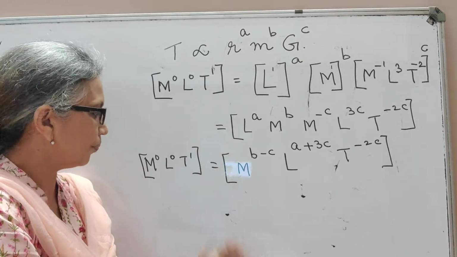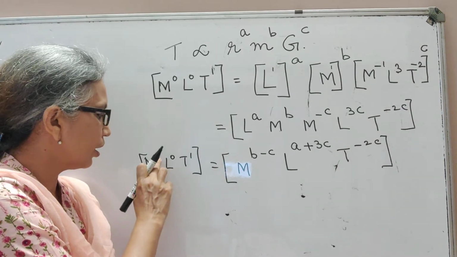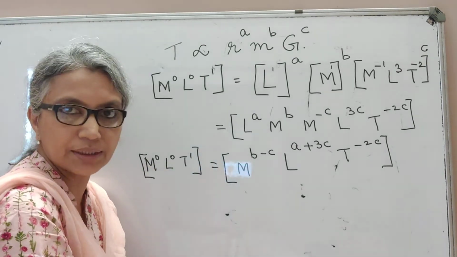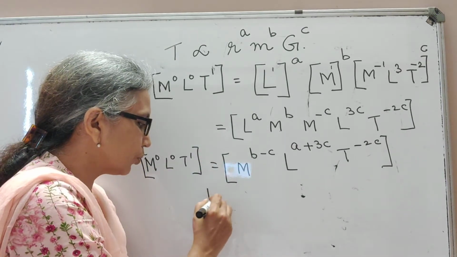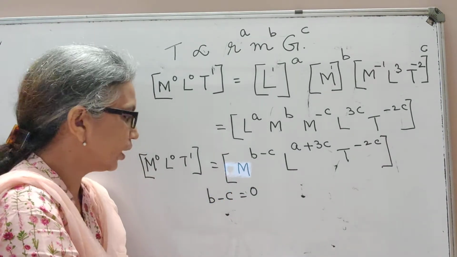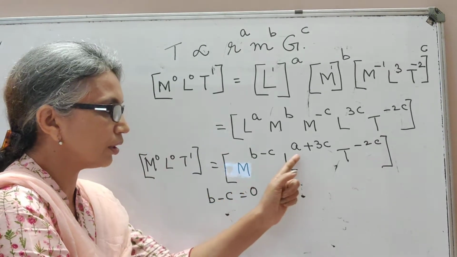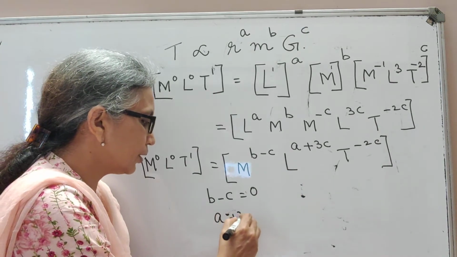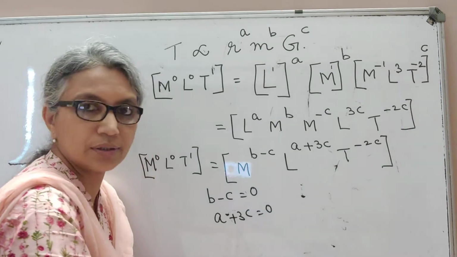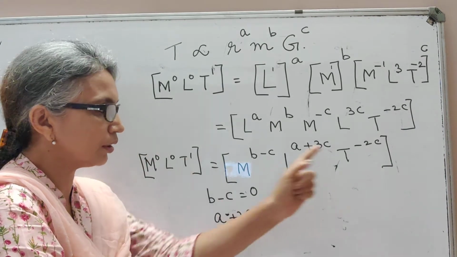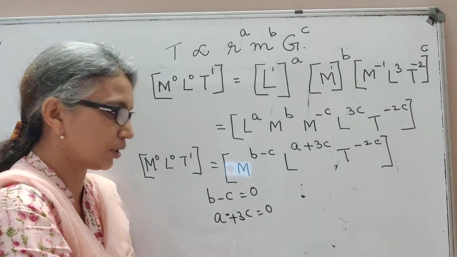So if I check, the dimension of mass here is 0, here it is B minus C. So the two must be equal, B minus C must be equal to 0. The dimension of L is 0 here, here it is A plus 3C. So I know A plus 3C must be equal to 0. Then comparing here, dimension of T is 1 here, here it is minus 2C.